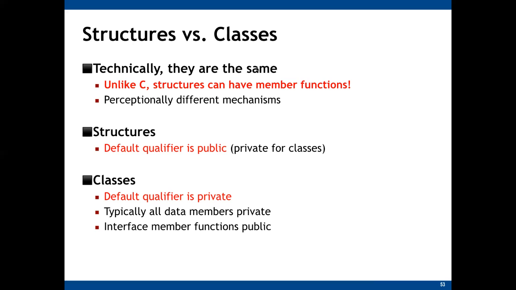But there's one difference. The default visibility for a structure is public, whereas the default visibility for a class is private. So if you do not specify public or private visibility, the items become public in a structure and private in a class.